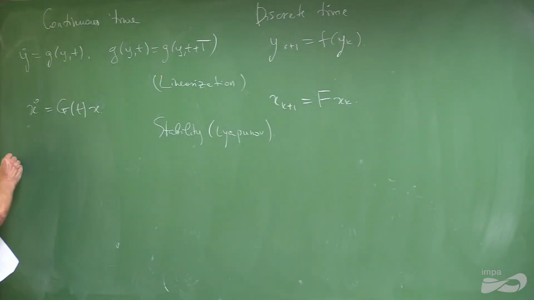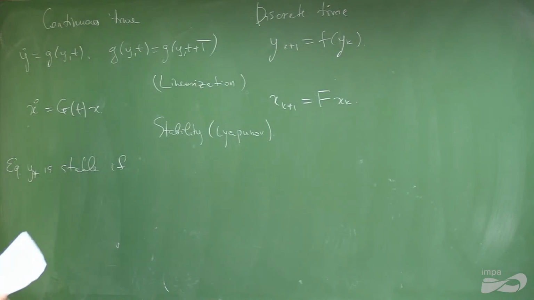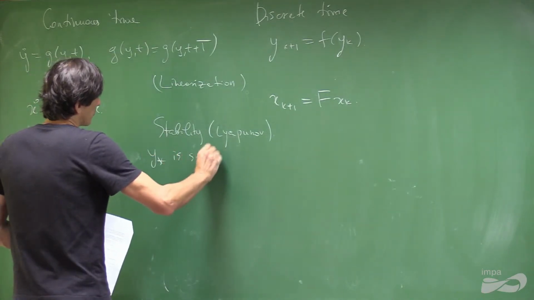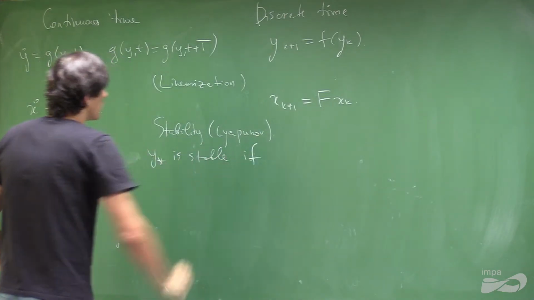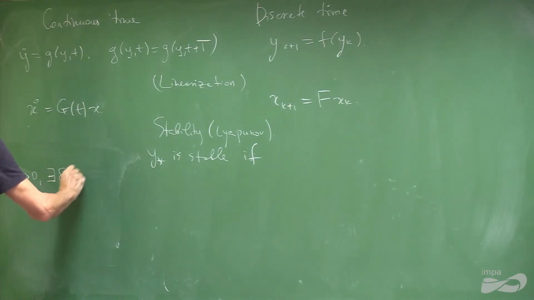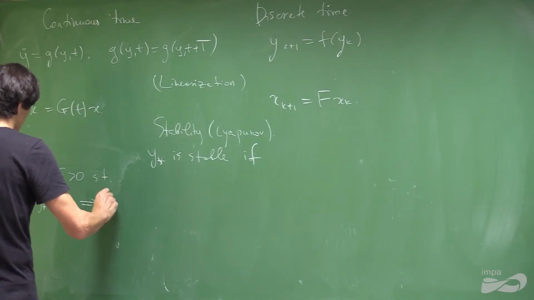It tells you that the equilibrium is stable if, and this is actually a general statement, the equilibrium y star is stable if, in the continuous case, for any epsilon positive there is delta positive such that whenever you take an initial condition delta close to the fixed point, you continue to be epsilon close for all times.